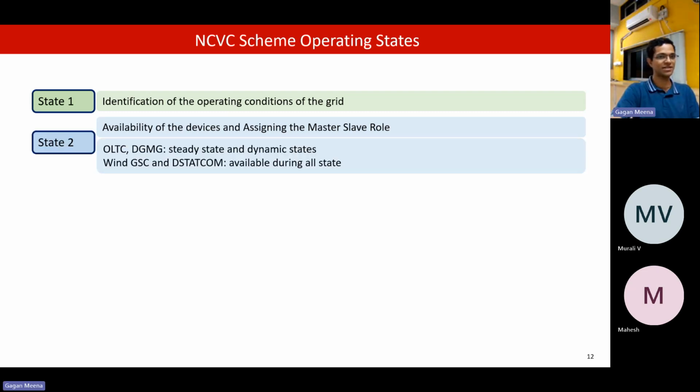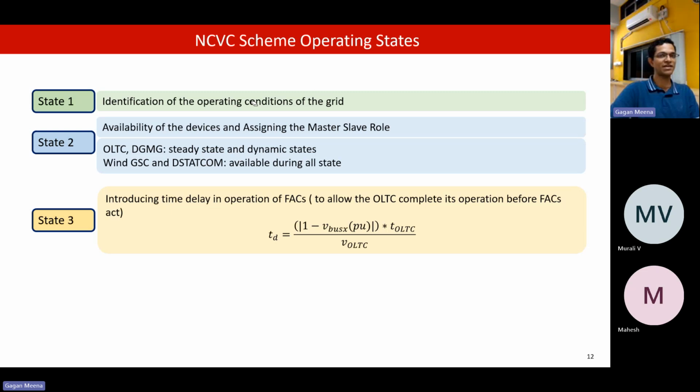So this scheme has these three states. First, the identification of the operating condition. Which state is this? Steady state, dynamic, or transient? Based upon that, it will be decided who will do what type of action. So these two, OLTC and DC microgrid, operate in steady state and dynamic, while these two are available in all states. Then we need to introduce a delay, because we don't want the fast acting devices to act before the OLTC works.